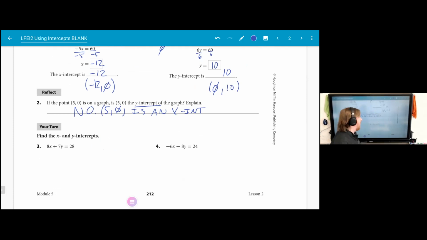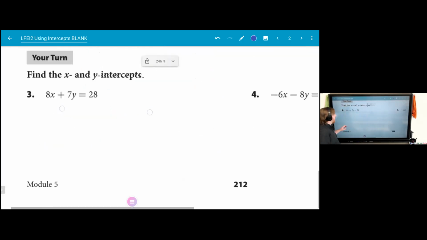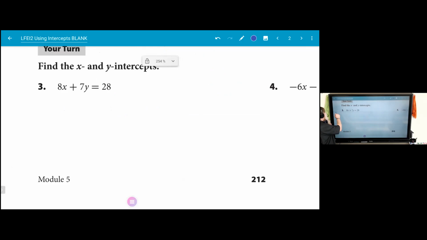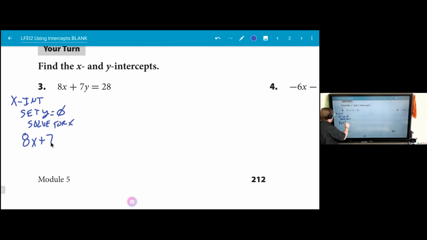Welcome back. Find the x and y intercepts. Once again, to find the x-intercept, you set y equal to 0 and solve for x. If we do that here, we have 8x plus 7 times 0 equals 28, or just 8x equals 28.